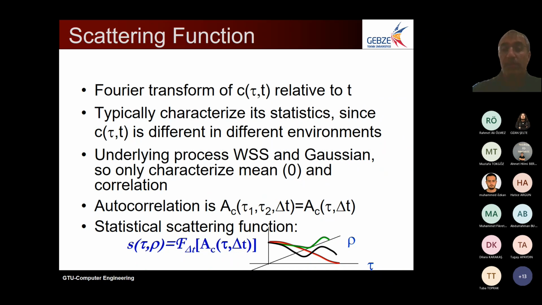The autocorrelation function of this is given by A_c(tau, t), and if you apply the Fourier transform to this autocorrelation, you obtain the scattering function of a wireless channel.